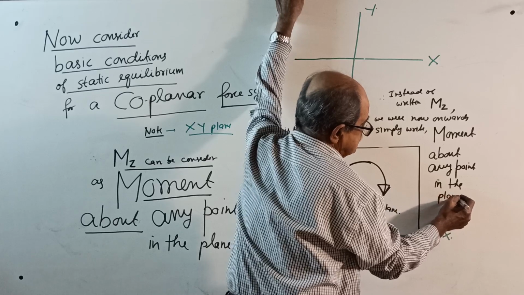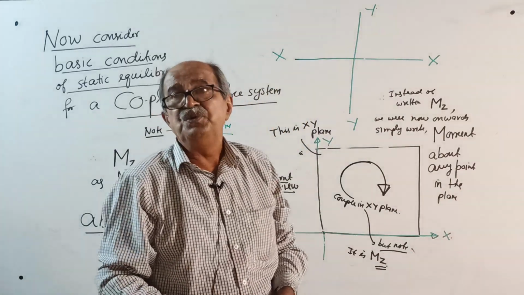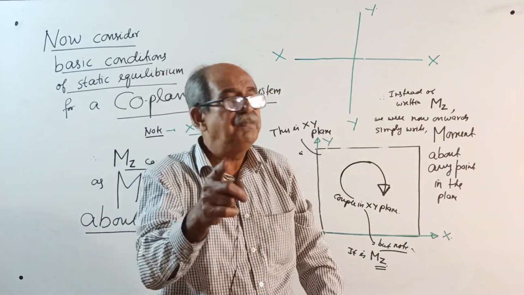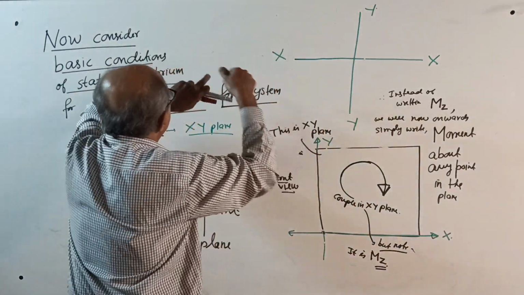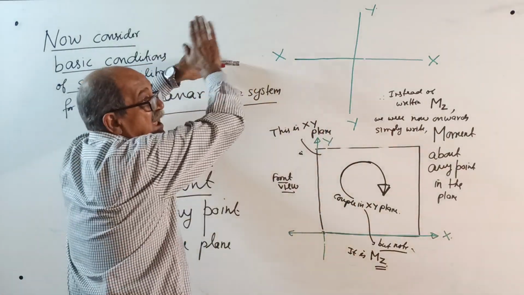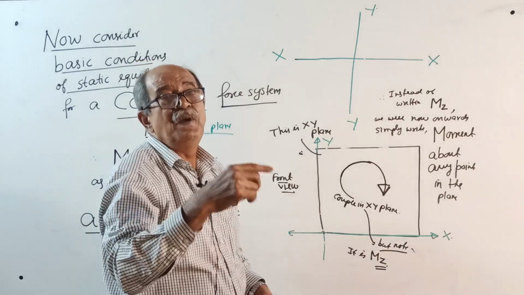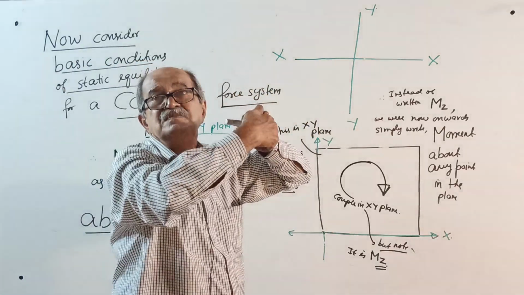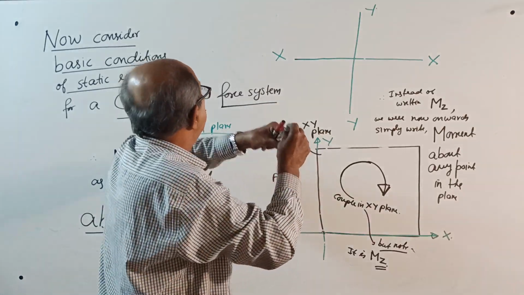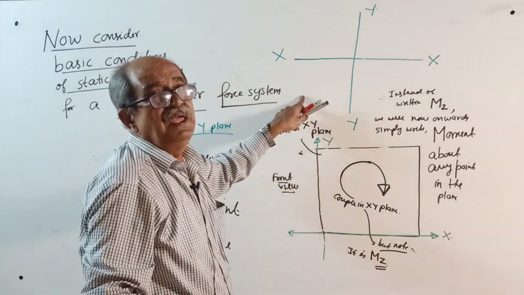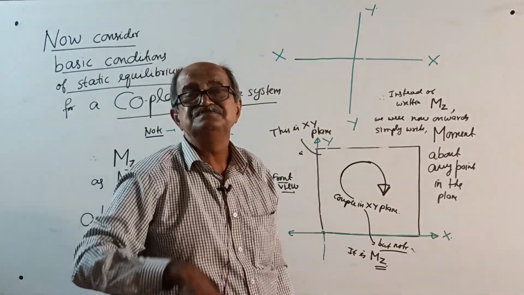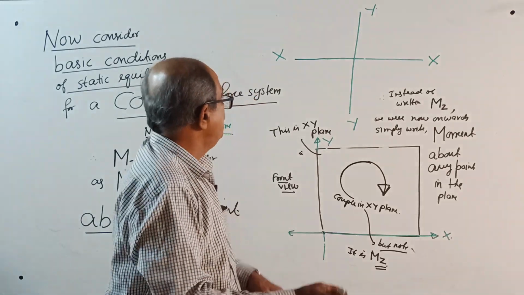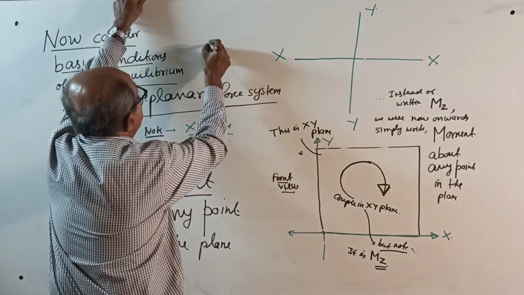So last I will tell, if you say moment about any point in a plane, it is actually moment about an axis perpendicular to the plane, passing through that point.